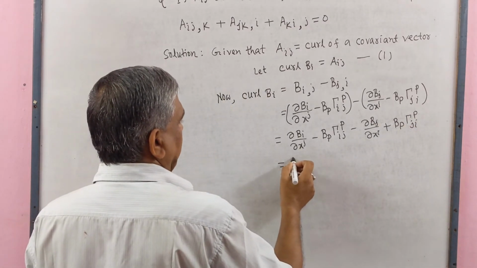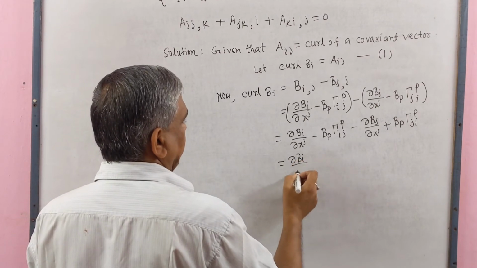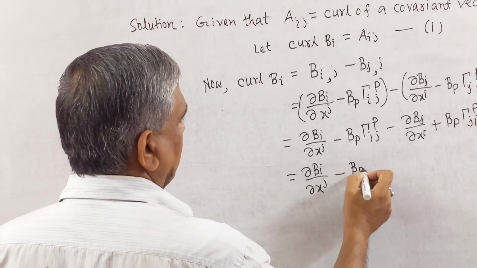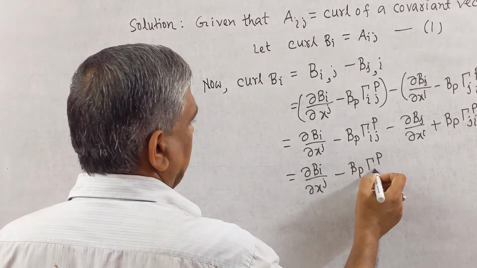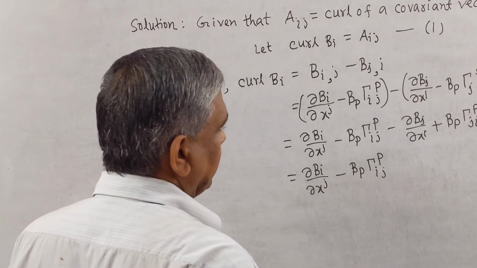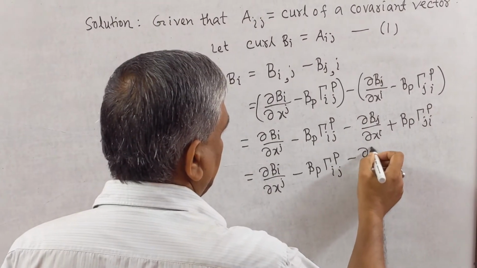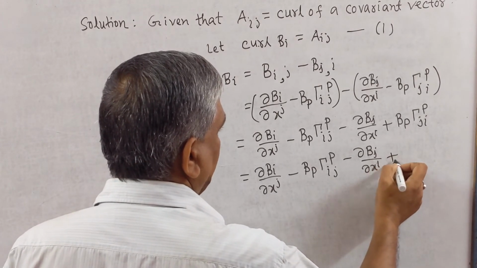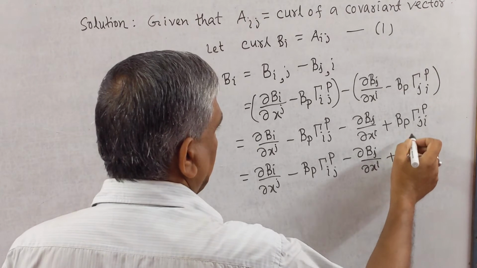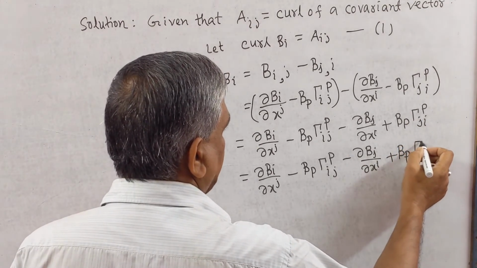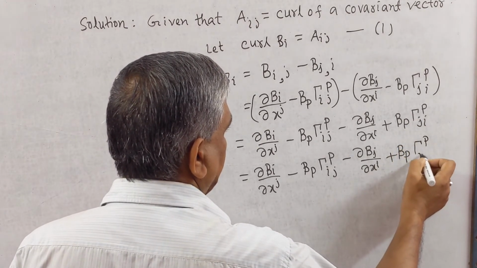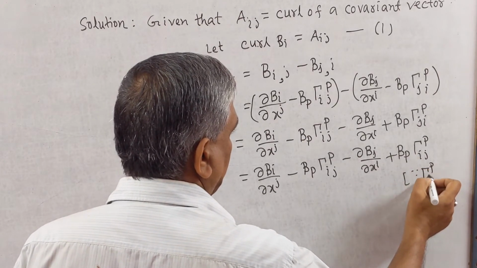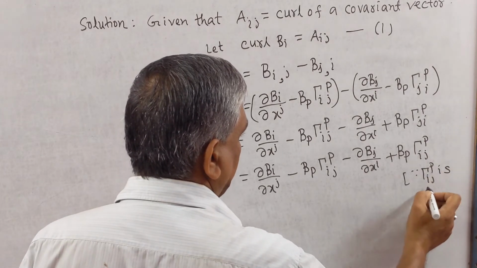This is equal to ∂b_i/∂x_j minus b_p {p i j}, Christoffel symbol of the second kind, minus ∂b_j/∂x_i plus b_p, since the Christoffel symbol of the second kind is symmetric, so we write here ij, since this is symmetric.